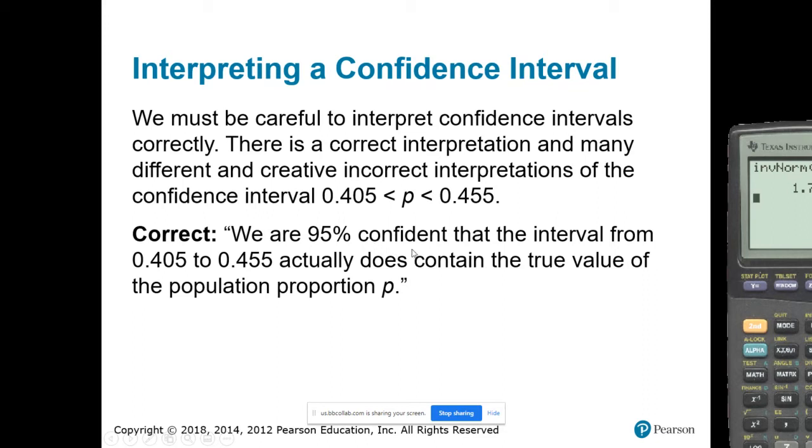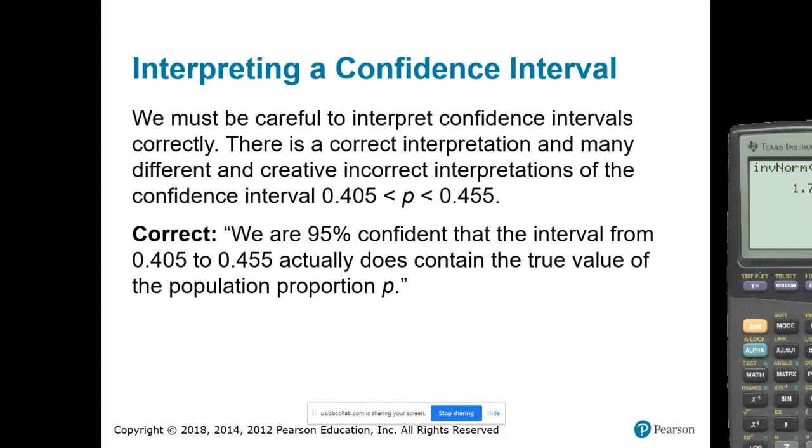We're 95% confident that the interval from 0.405 to 0.455 actually does contain the true value of the population proportion. This is the correct way to interpret a confidence interval.